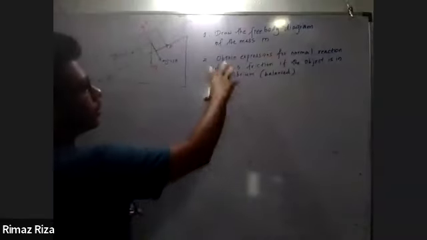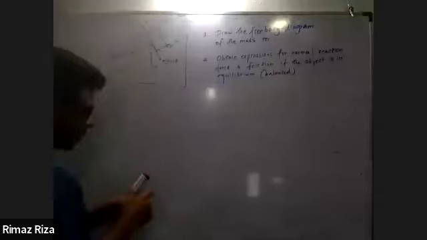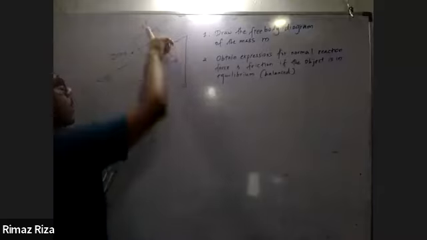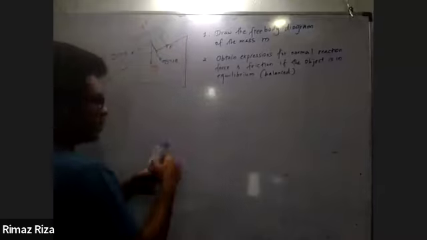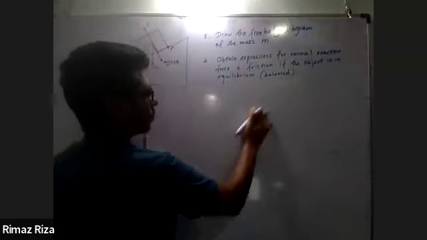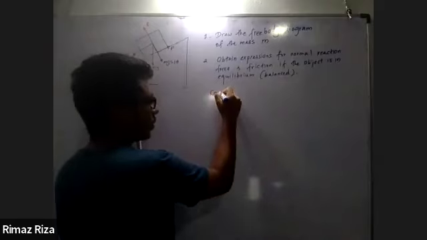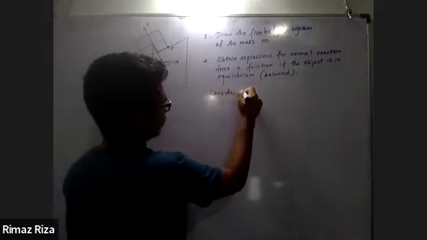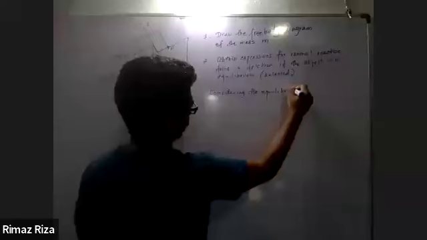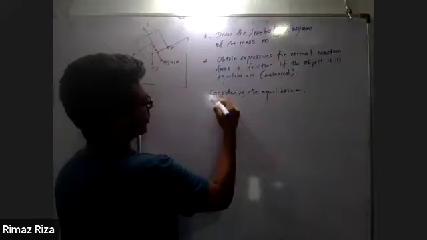Okay. So if the object is in equilibrium, it means the forces have to be balanced. The net force will be zero. So first you can consider the direction perpendicular to the inclined plane. So considering the equilibrium, first we are considering this direction.